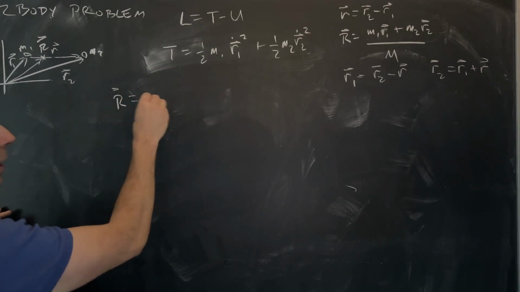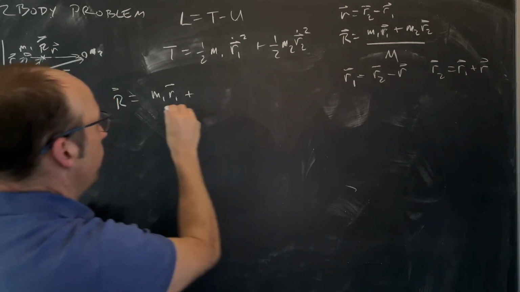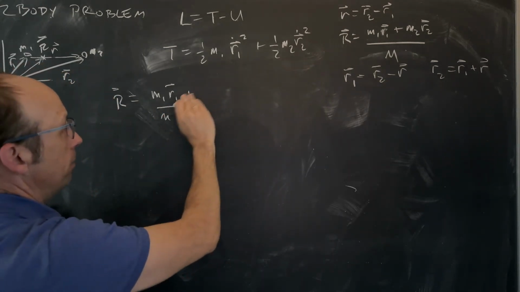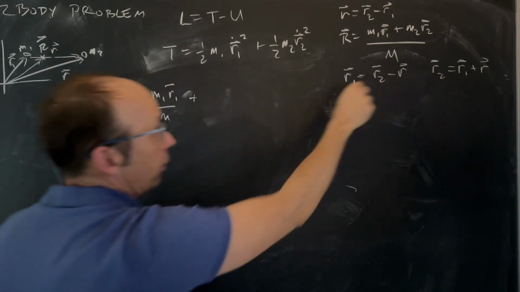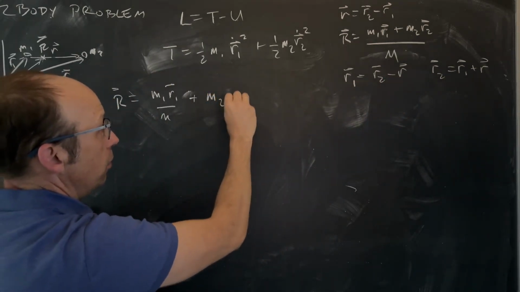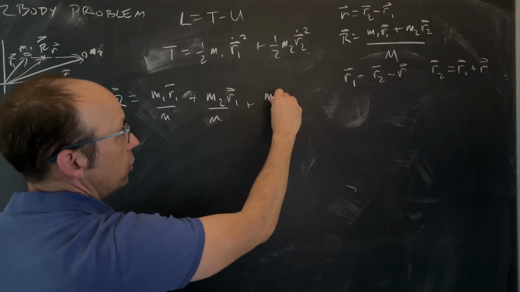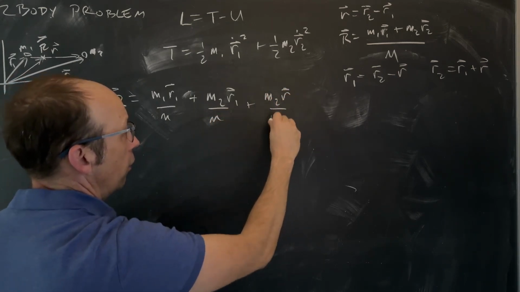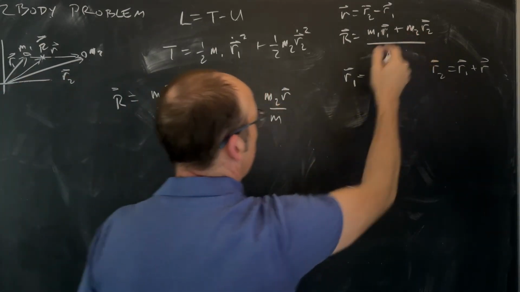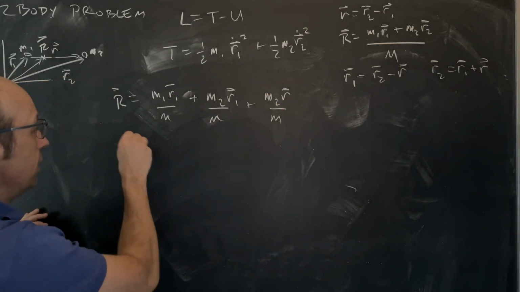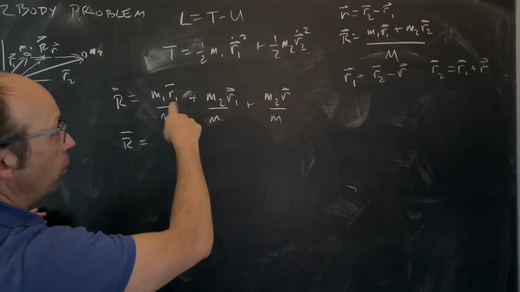So R is equal to m1 r1 plus, and I'm going to write this over m. I'm going to break it up so it's easy. Plus m2 times r2, but I'm going to use that for r2. So plus m2 r1 over m plus m2 r over m. All I did was take this and plug it in there. And so this says that R is equal to, I have r1 and r1, I can factor that out.